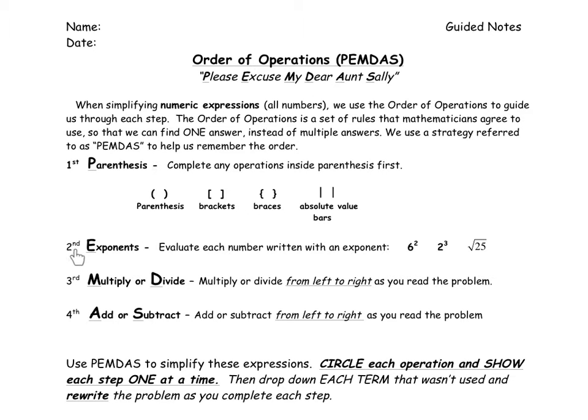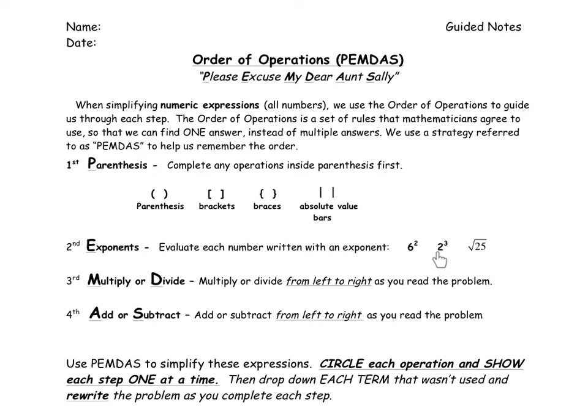Next, the second thing we do when we're given a numeric expression, if there are exponents, then we have to evaluate them. Evaluate means find the value of. This is read as 6 raised to the second power, or 6 squared, and it means 6 times 6. So we would evaluate this and call it 36.